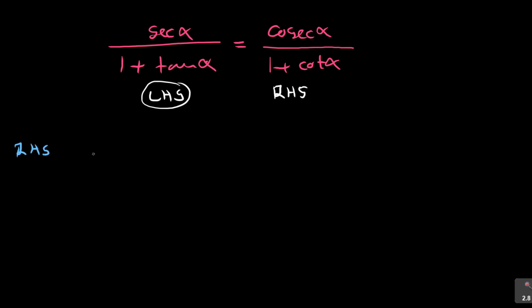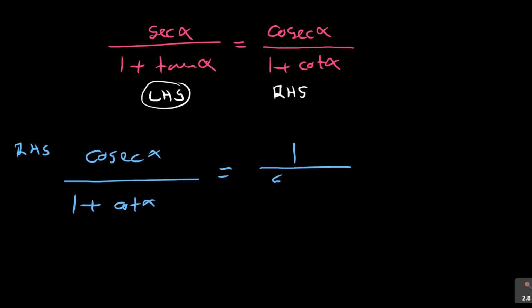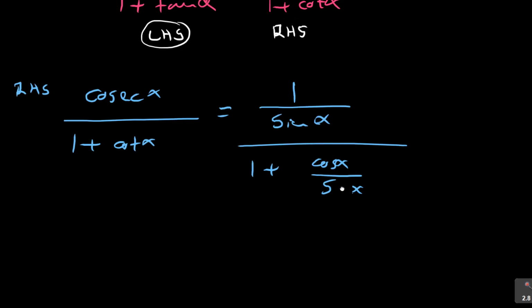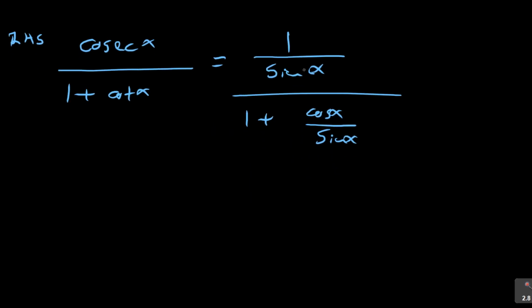What you have in the right hand side is cosec alpha over 1 plus cot alpha. Now cosec is the same thing. You're going to say 1 over sine alpha over 1 plus, now cot, remember, is cos alpha over sine alpha. This you need to always remember. Then you have to add that fraction like we did previously.